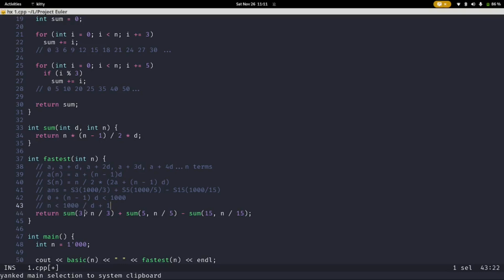So in the case of 3, 1000 over 3 produces 333.33. So we'll round it down to 333 to account for that less than symbol. In case of 15 as well, because 1000 is not divisible by 15, we can do that. In case of 5, since 1000 by 5 is 200, and then we add 1, it leads to n being equal to 201, which counts 1000 as well.